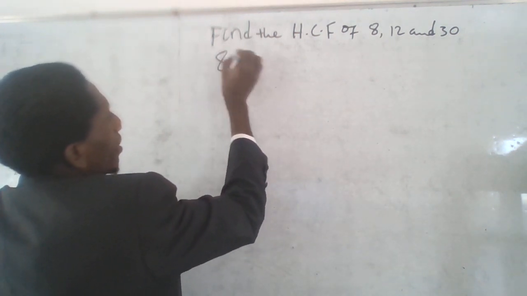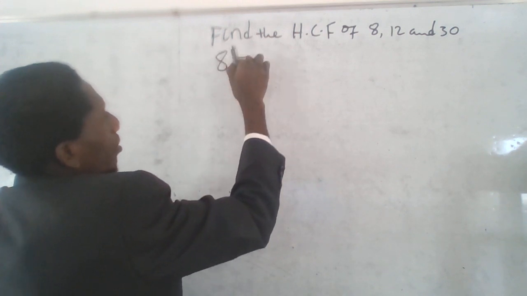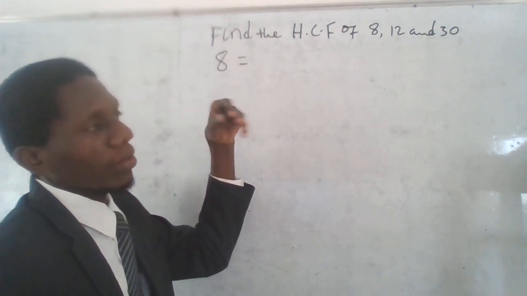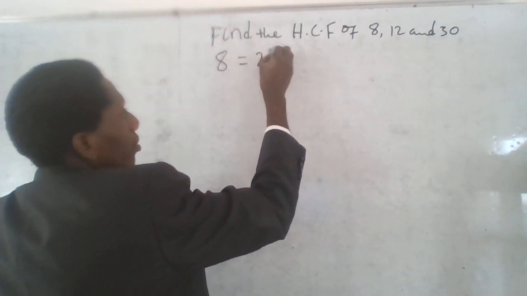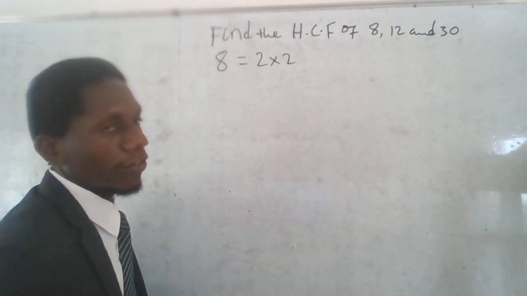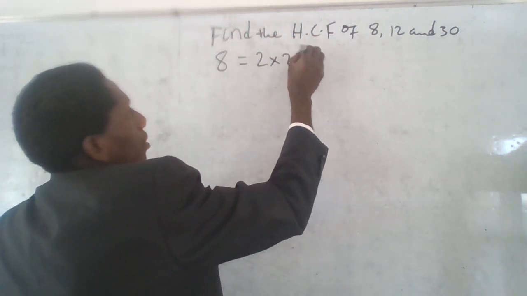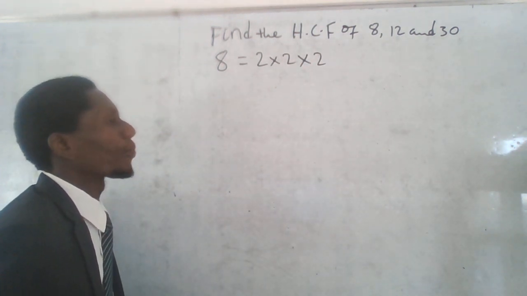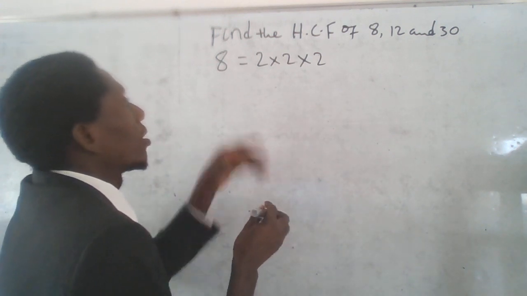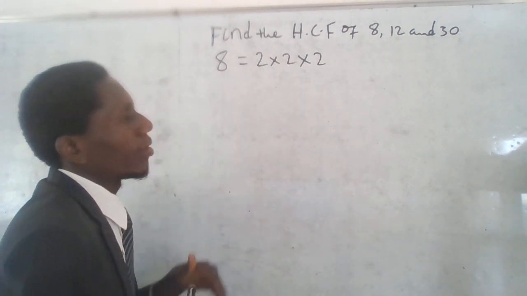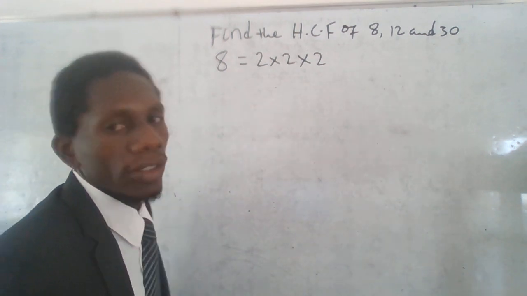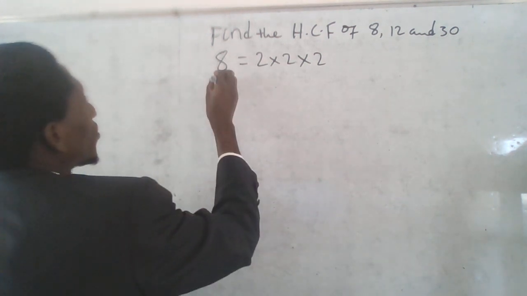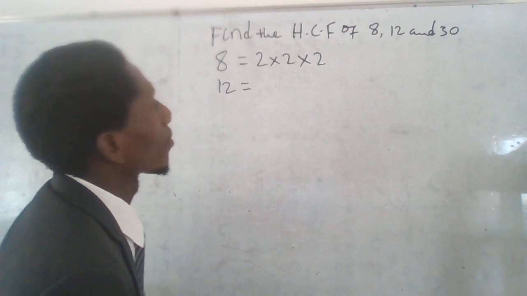Now I have 8. What numbers are the multiples of 8 is the first thing that we can look into. We know that 2 times 2 is 4, and 4 times 2 is 8. So that means 2 is a factor of 8 as well. Now, let's look at 12.